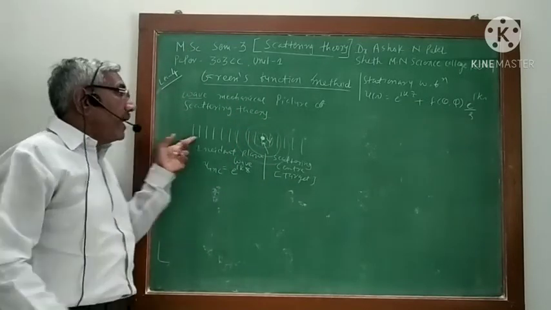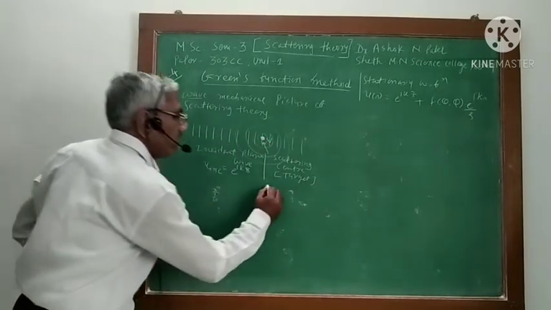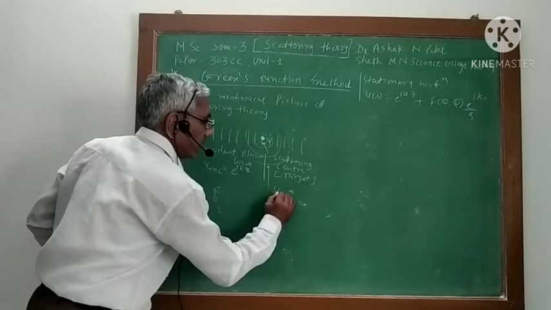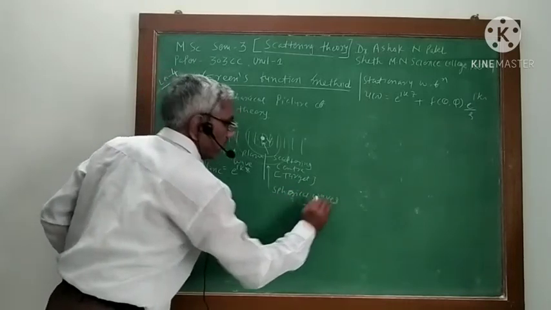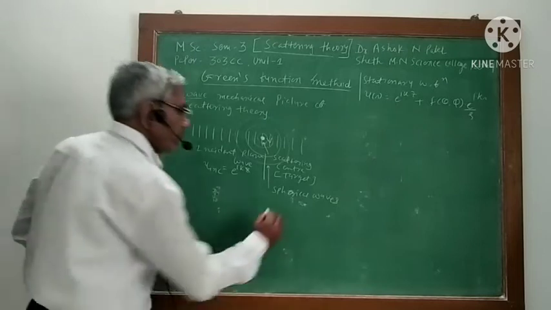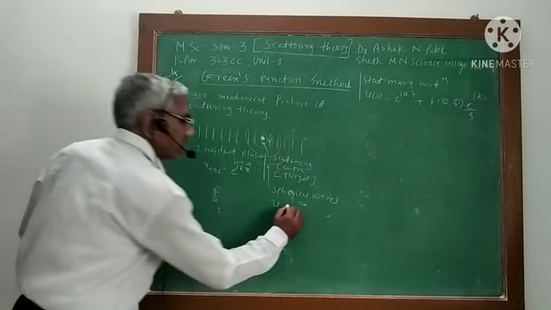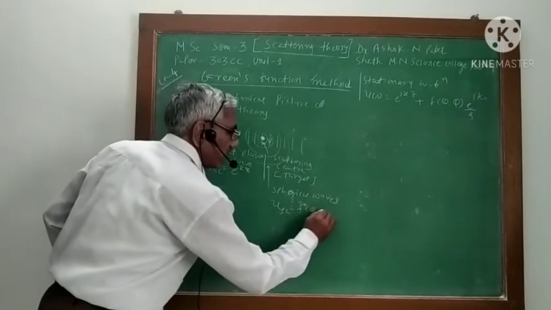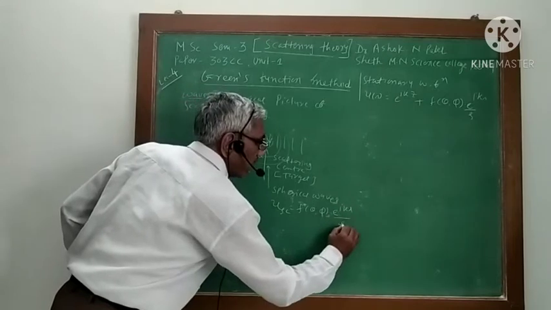So now the plane wave becomes spherical waves. That spherical wave is nothing but the scattered wave, and that is f(theta, phi) times e^(ikr) upon r.